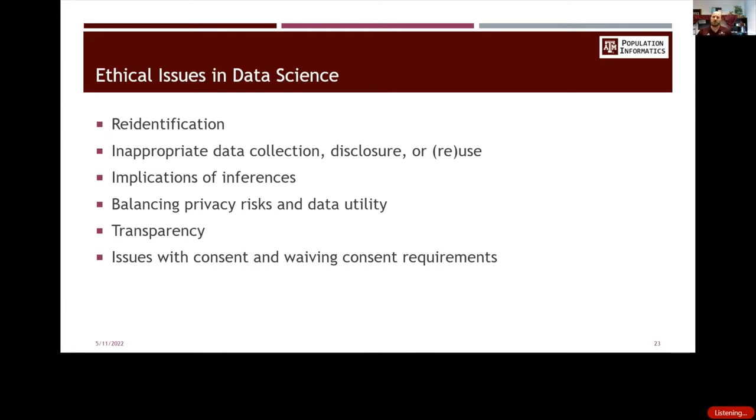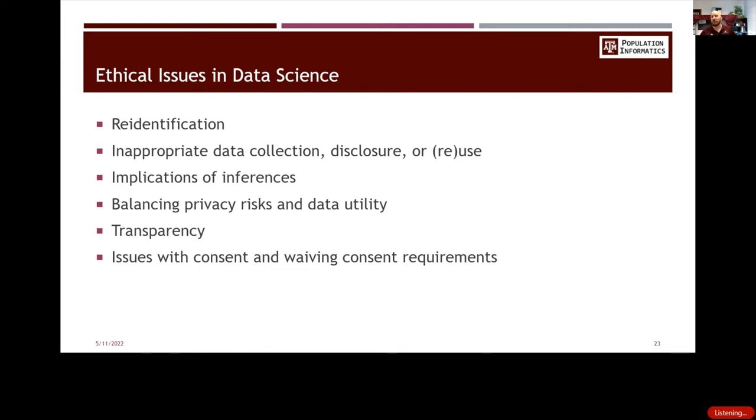And this is related: there are lots of issues with consent in secondary data research. It's very, very difficult for researchers who use secondary data to obtain consent. For one reason, they don't have a relationship with the data subjects.